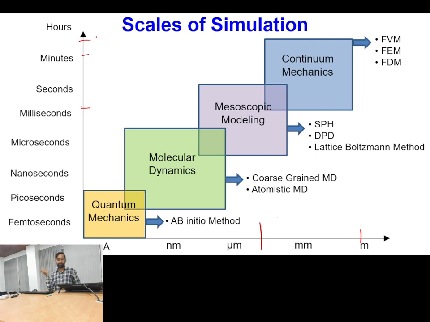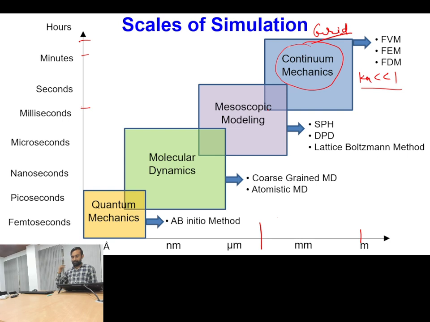Once we are talking about physical phenomenon at the macroscopic level, our value of Knudsen number will be very small for all these cases. So if the value of Knudsen number is very small, in this range we can apply continuum mechanics. Once we apply continuum mechanics, then all the grid based approaches will work fine.